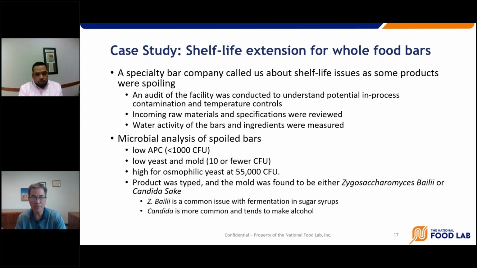We typed that growth. The method that was used at the time couldn't distinguish between the two different types of organisms. So the Bailey is a common issue with fermentation and sugar syrups, and a candida is more common and tends to make alcohol.